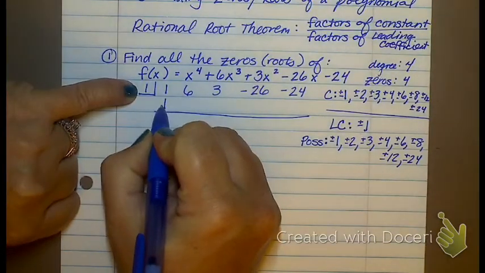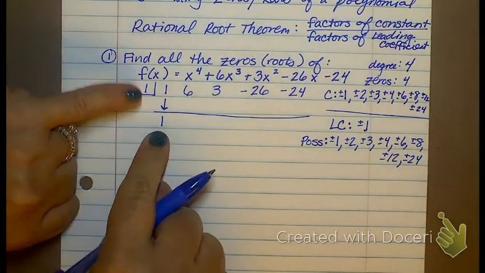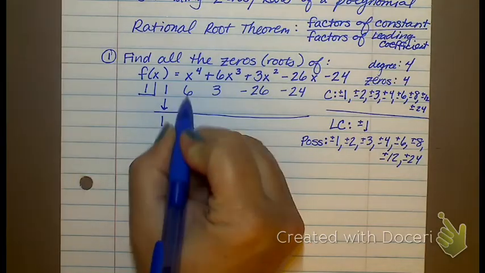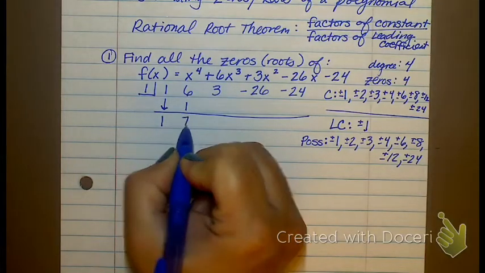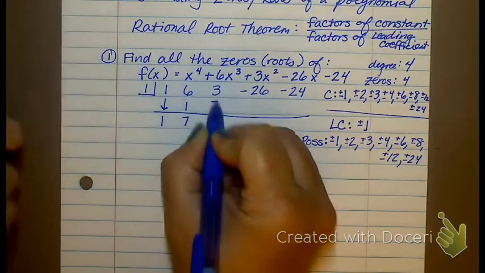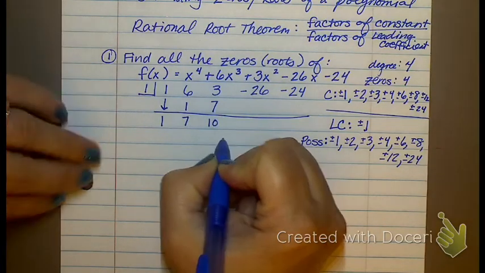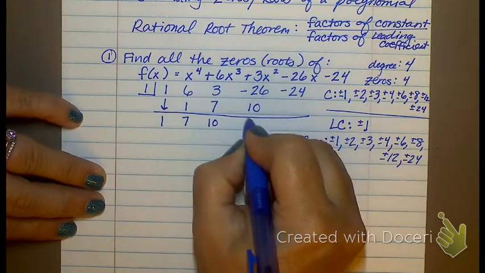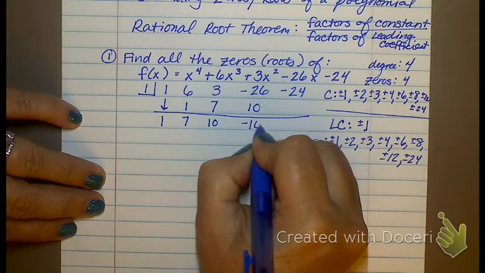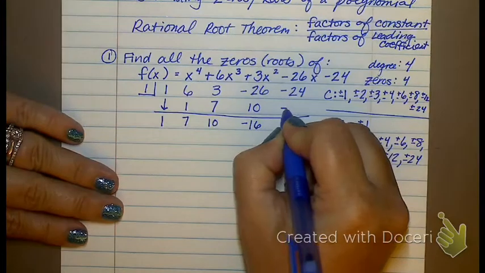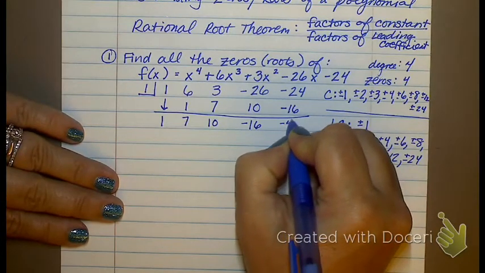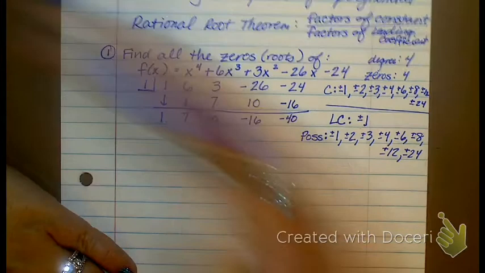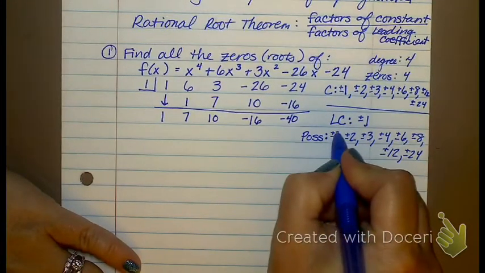If I bring down this 1, 1 times 1 is what? 1. 6 and 1 is 7. 7 times 1 is 7. 3 and 7 is 10. 1 times 10 is 10. Negative 26 and 10. 1 times negative 16 is negative 16. I definitely do not get a remainder of 0, do I? So what does that mean? That means on my list of possibilities, 1 is no good.